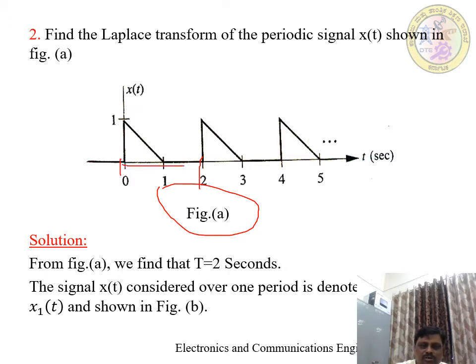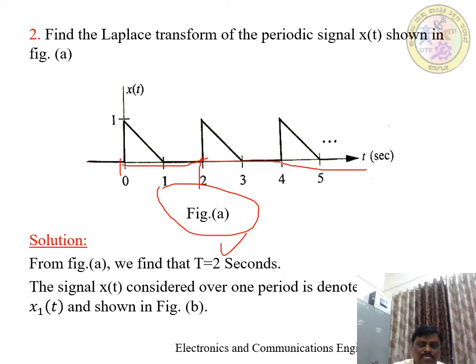It is 0 to 2, again 2 to 4, the same thing is repeating, 4 to 6, again it will be repeating. Therefore, the period of this periodic function is T equal to 2 seconds.